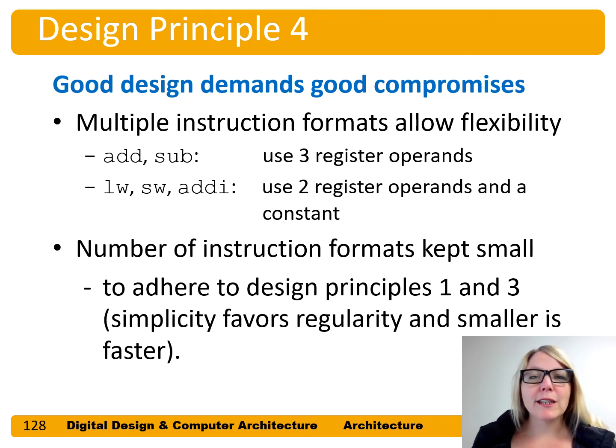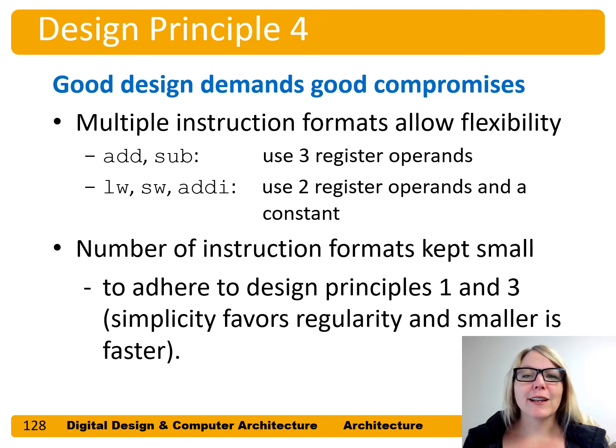But instead of having 20 instruction formats, which would make our hardware a lot harder, like someone turning in a form when there are 30 different versions of it, it's going to take a lot more work to process. Same thing here. If we keep the number of instruction formats small, we still have a simpler design because of regularity, and smaller is faster.